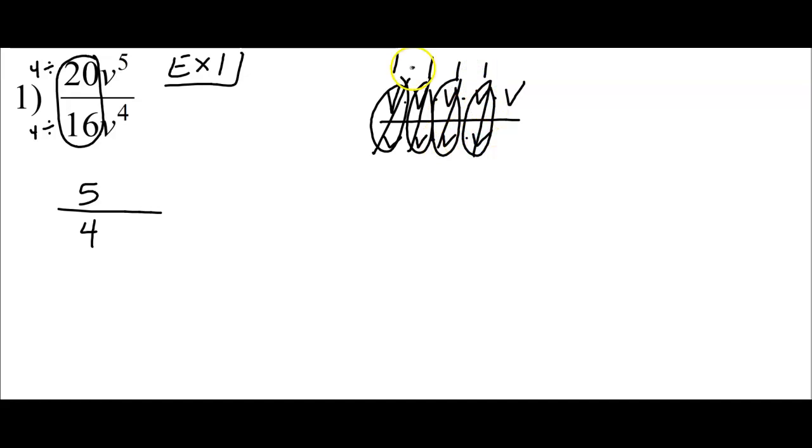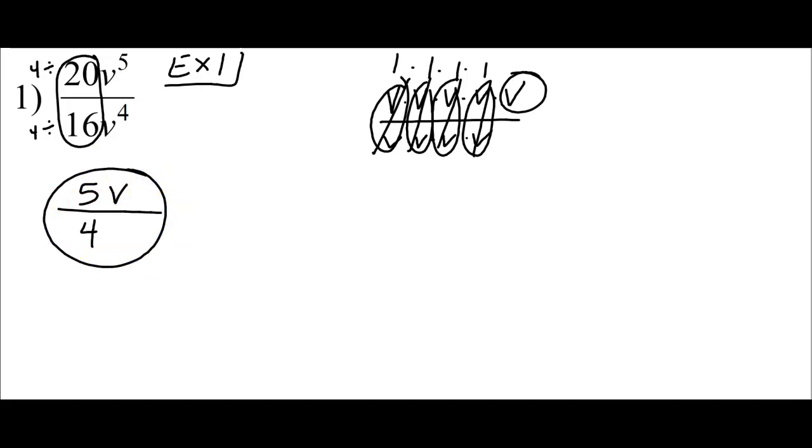So basically what we end up with is 1 times 1 times 1 times 1 times V, which is just V, right? Now, here's a faster way to do it, though. We have 5 V's on the top, 4 V's on the bottom. Just subtract them. How many are left? 5 take away 4 is 1. That tells me I have 1 V left, and it's on the top. Why is it on the top? Because the bigger one was on the top to begin with. So, there's that.